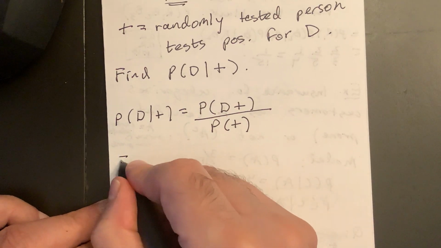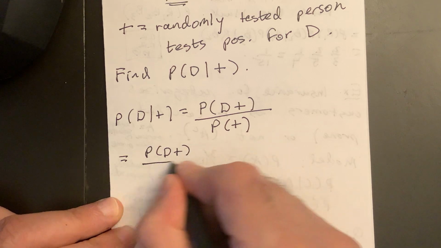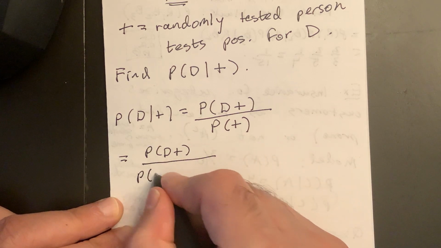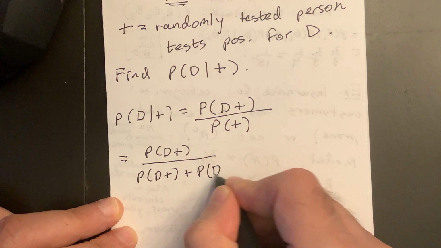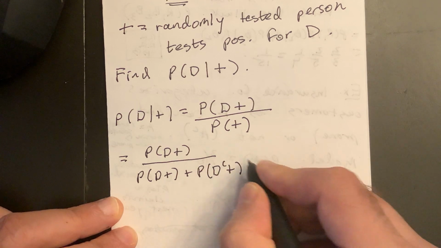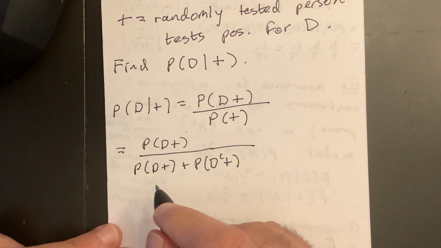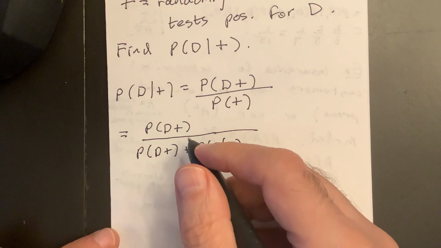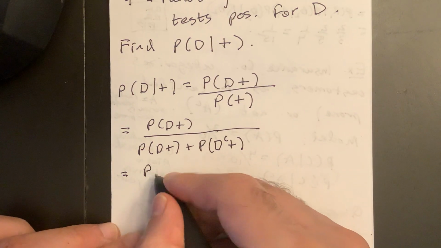So this is equal to P(D intersect plus) plus P(D complement intersect plus), maybe they don't have the disease and got a positive test. And now to compute these, because they're intersections, it's not clear what these are, so we will use the conditional probability.